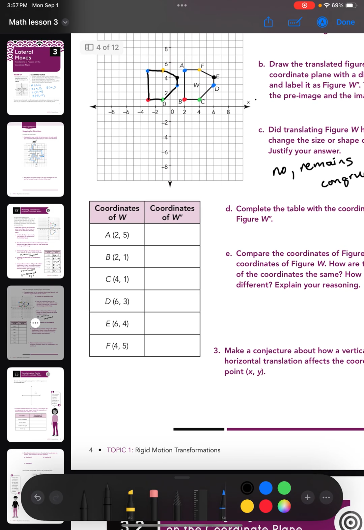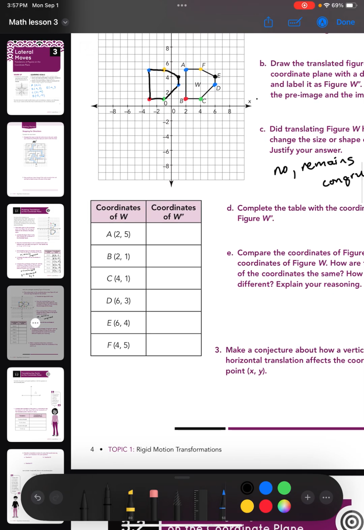So if we're going to complete the table for our new points here, our new A value would be -3, 5. Our new B value would be -3, 1. Our new C value would be -1, 1.